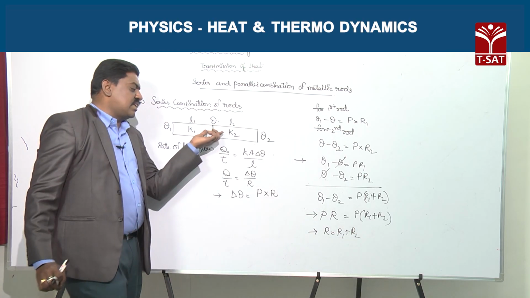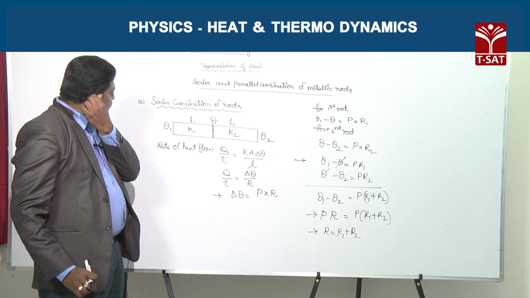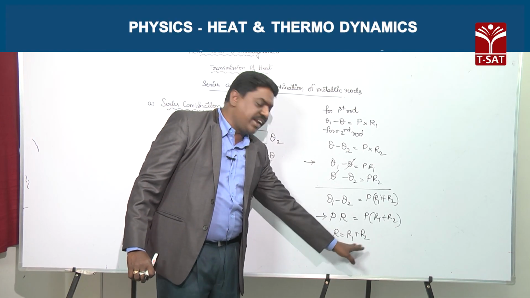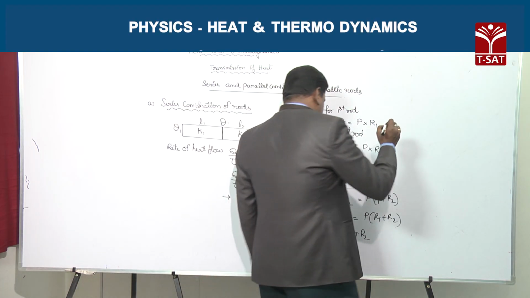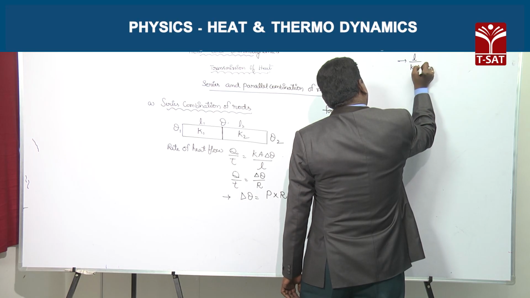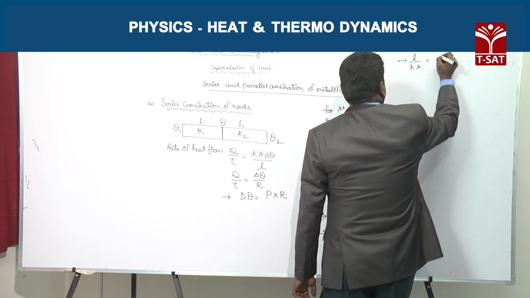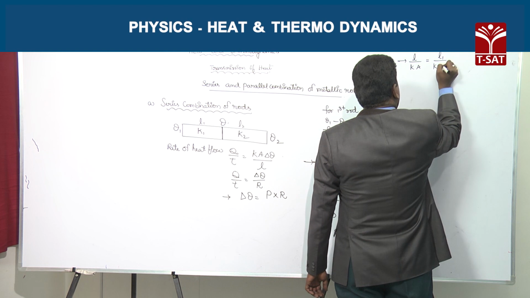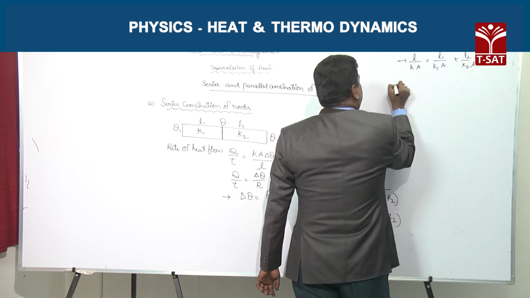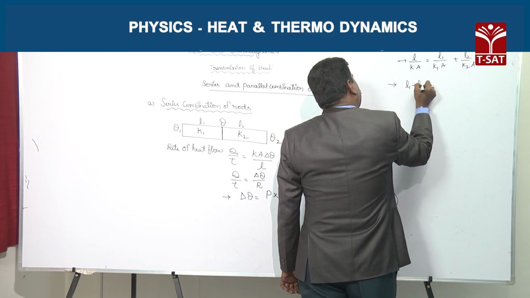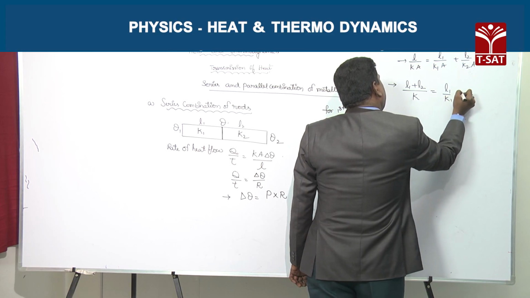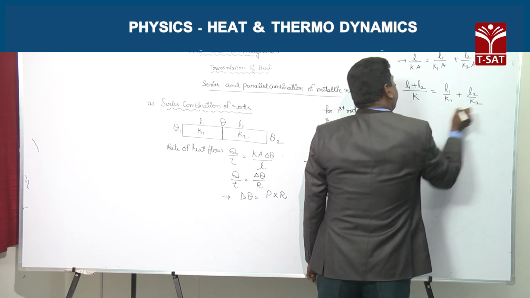Whenever the rods are in series combination, the effective thermal resistance is R equals R1 plus R2. This implies L by KA equals L1 by K1A plus L2 by K2A. This I can write as (L1 plus L2) by K equals L1 by K1 plus L2 by K2.